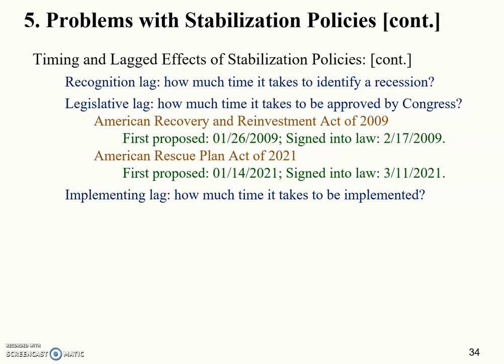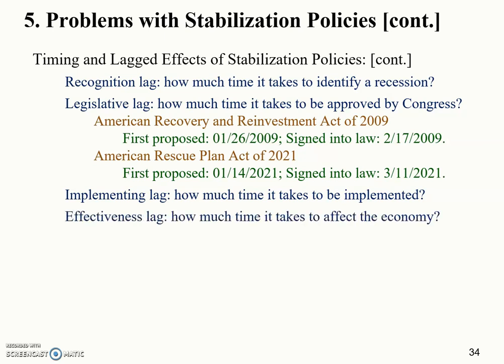For example, if the Congress passed the act, then how much time will it take the IRS to send the stimulus checks to households, right? Also, we have the effectiveness lag. In other words, how much time it takes to actually affect the economy. For example, as we said before, the multiplier effect will take a lot of time.